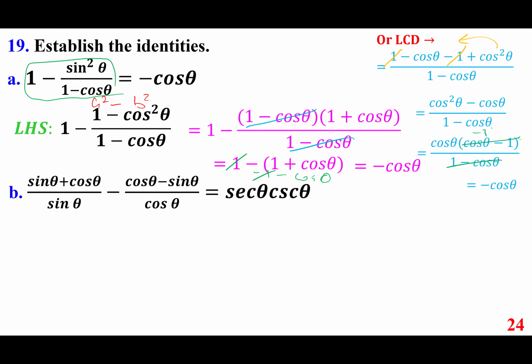How about this one? Sine theta plus cosine theta over sine theta minus cosine theta minus sine theta over cosine theta. We want to prove equals secant theta cosecant theta. We have to use one side, obviously. Again, the left-hand side has two fractions, and it seems to be more complicated.